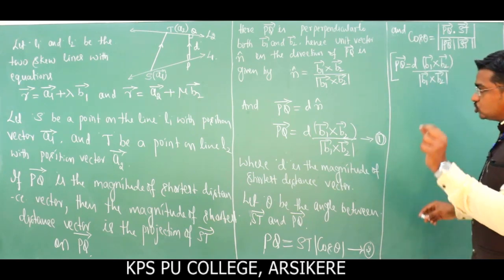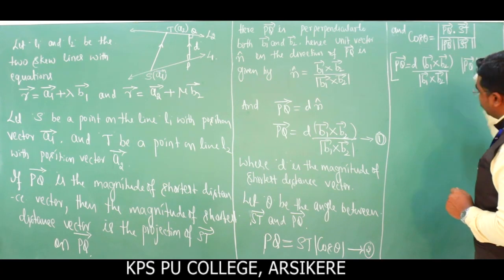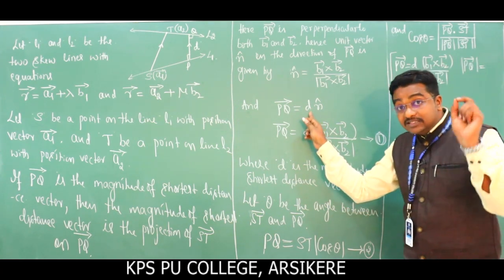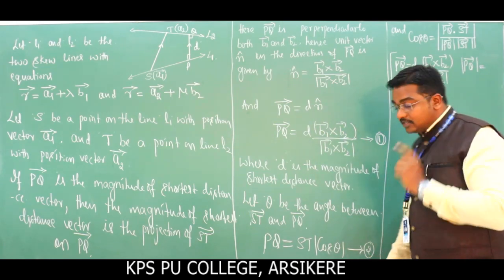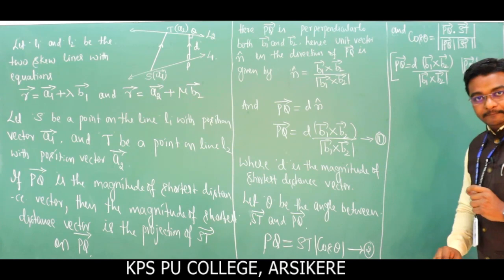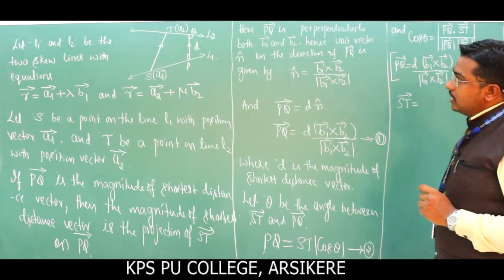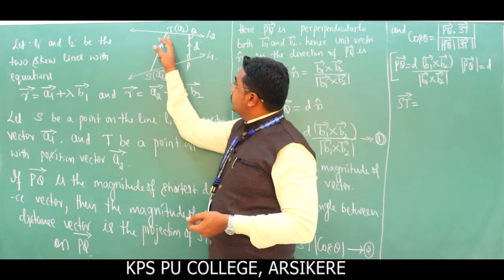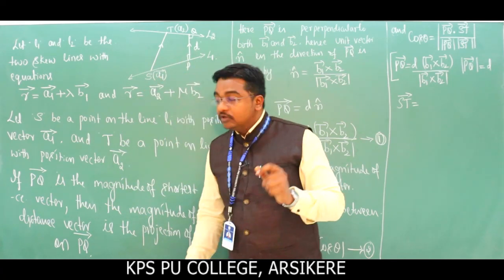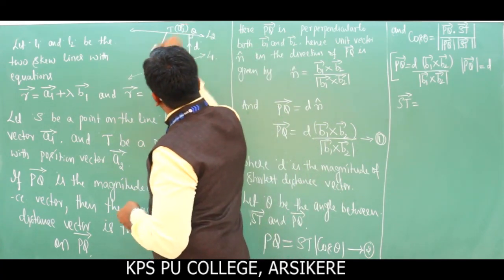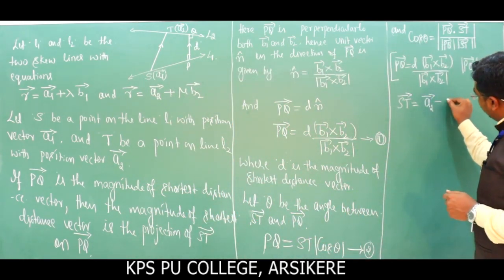So modulus of PQ is, very important, D is the magnitude and n cap is the unit vector, whose magnitude is 1. Therefore we are left with D. And vector ST is the vector joining these two points with position vectors A1 and A2. So the corresponding vector becomes vector A2 minus vector A1.